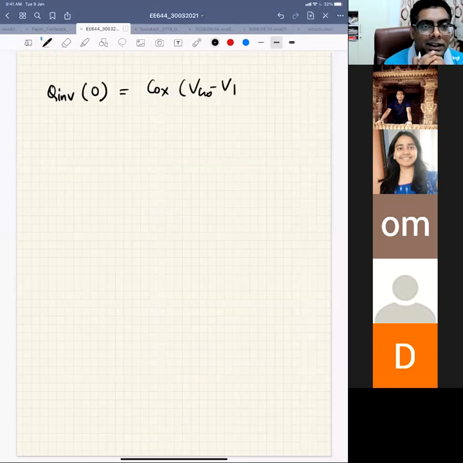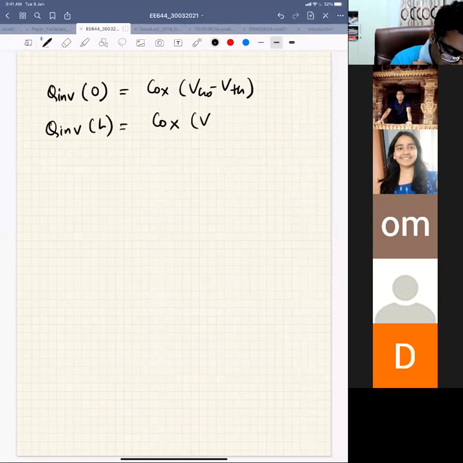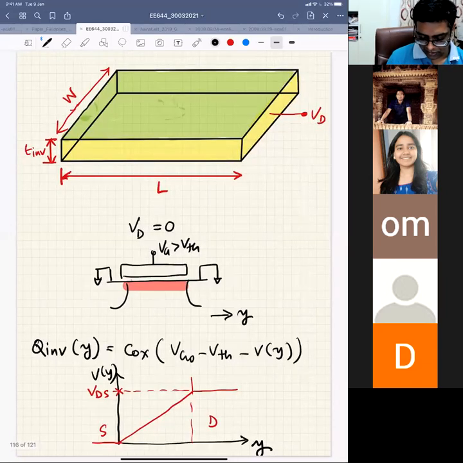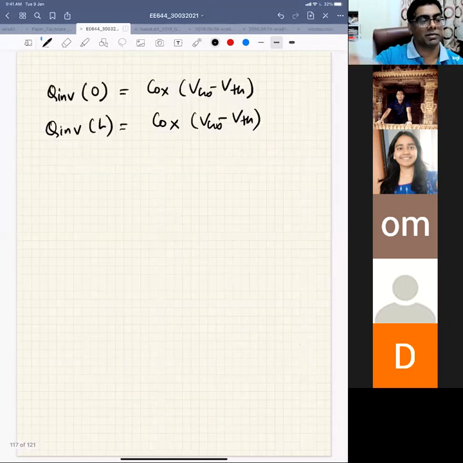And Q inversion at the drain side is also Cox (VGS minus VTH), because when both are 0, your source is at 0 and drain equals 0. So your Q inversion is uniform. Your inversion layer is uniform from source side to drain side, and the value is Cox (VGS minus VTH).